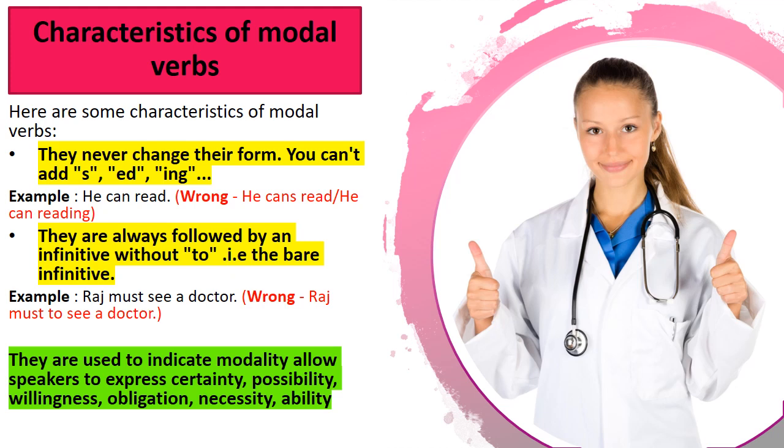You cannot write Raj must to see a doctor. This is wrong. After the modal verb, we have to use bare infinitive. That is, to is not required. They are used to indicate modality and allow speakers to express certainty, possibility, willingness, obligation, necessity, ability, etc.